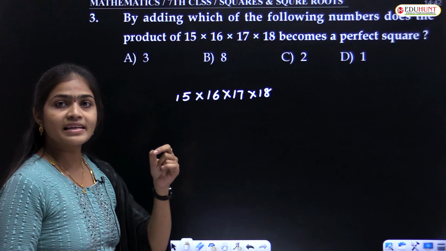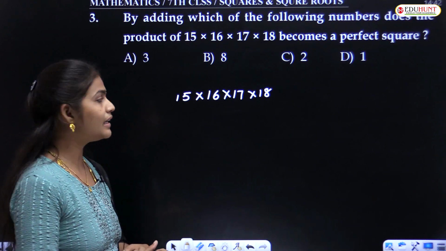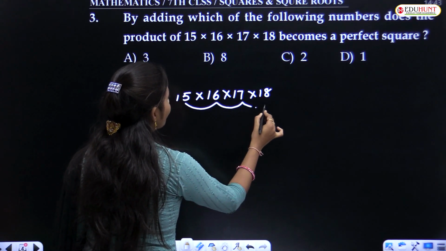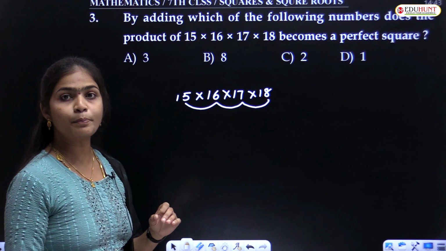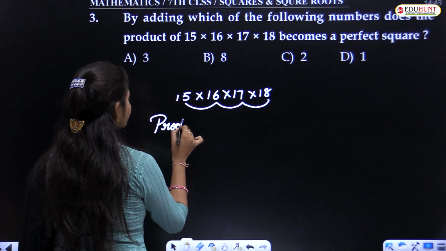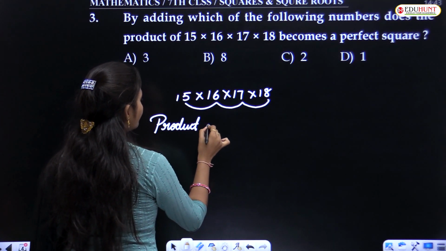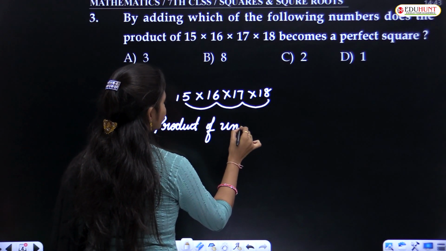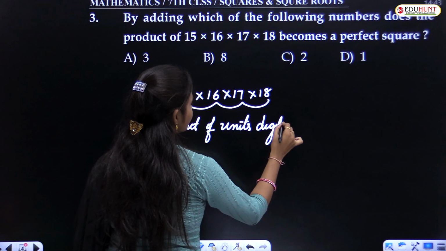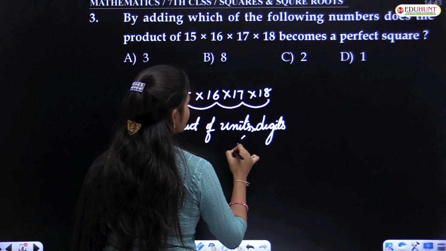So from the examination point of view, I am saying that here, just take the product of units digits. Take the product of units place digits.